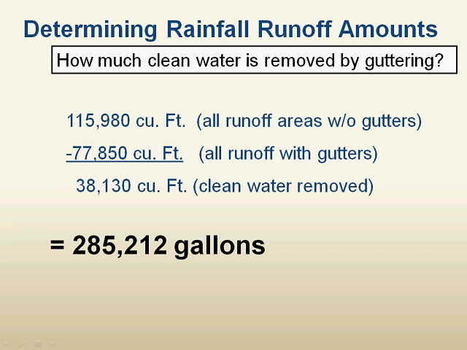When you install gutters, now you're getting down to about 78,000 cubic feet. And that's a savings of 38,000 cubic feet of clean water that you've removed. You don't have to treat that. So, in this example, you've removed 285,000 gallons from the system.